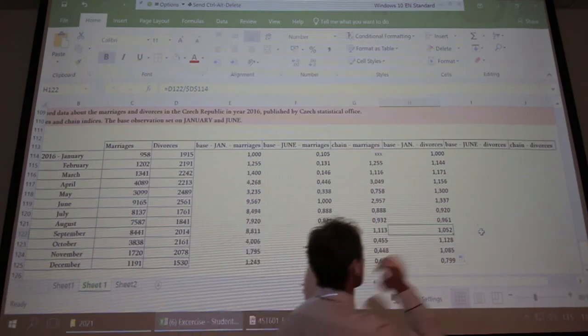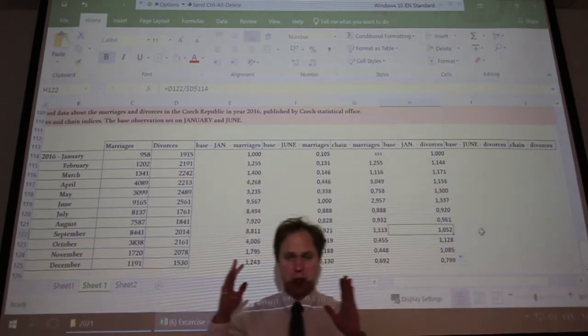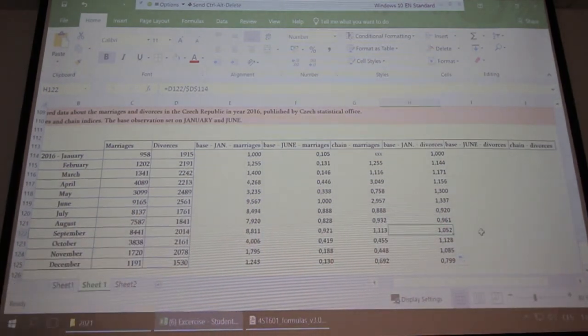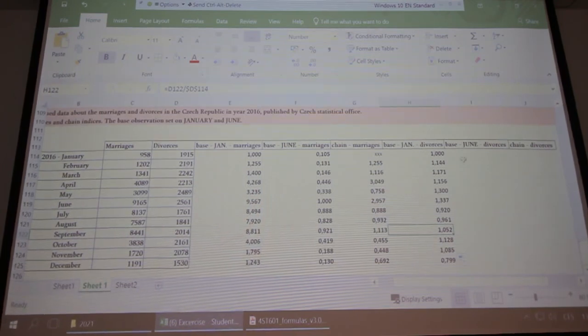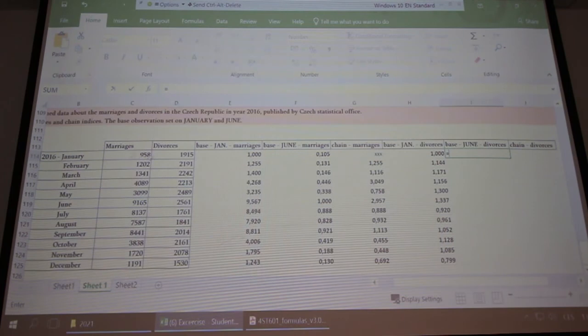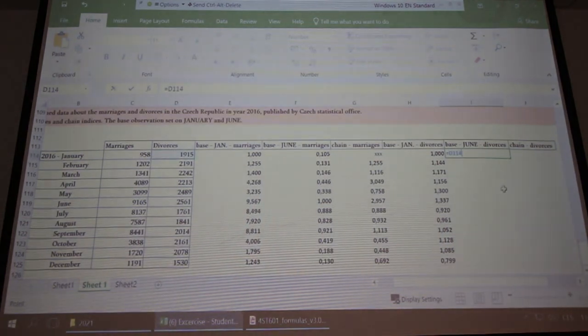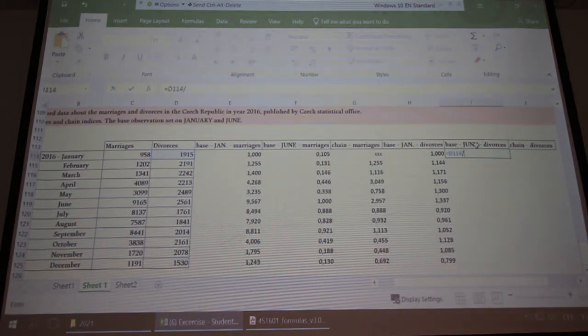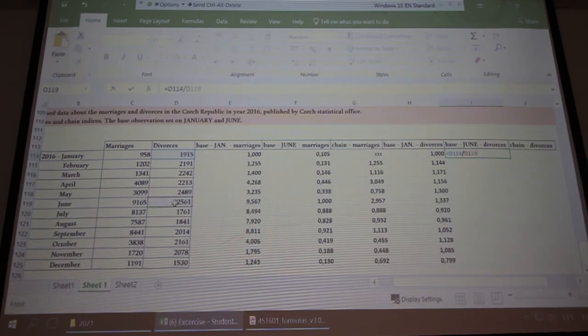So again, you can set any base you want, any base you require. So here I will calculate the ratio of January divorces to June divorces, and June divorces will be fixed.